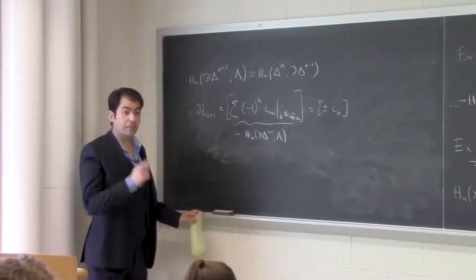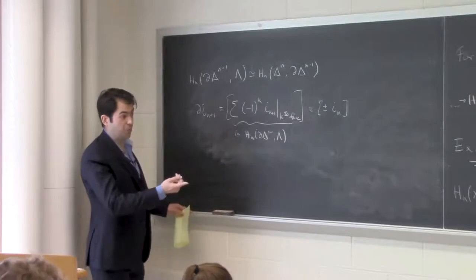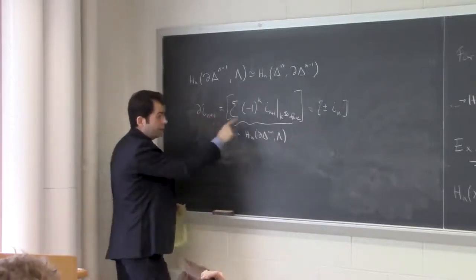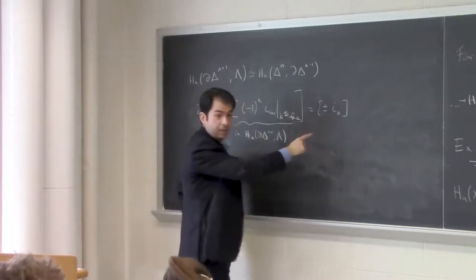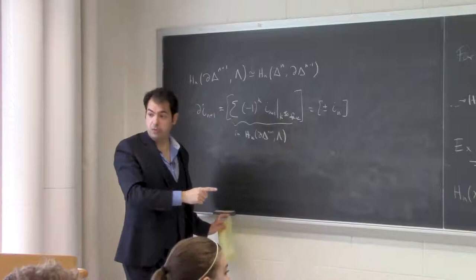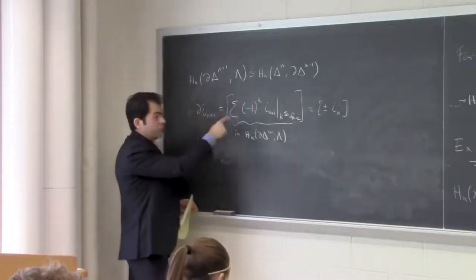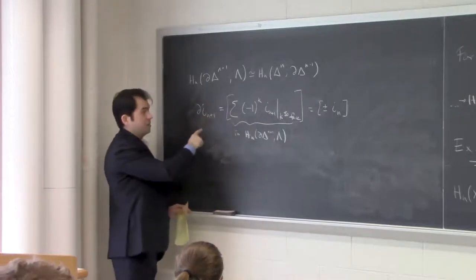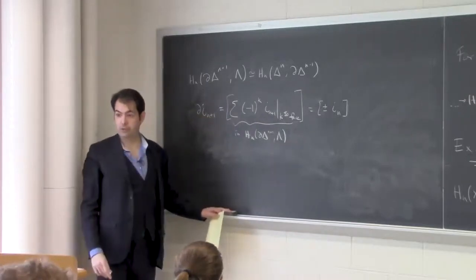OK, so I know the boundary map, the connecting homomorphism, takes the identity map here to plus or minus the identity map here. But really all I care is that the connecting homomorphism is an isomorphism, and it takes this guy to a generator. Right? So that means that this must be a generator of the other group.